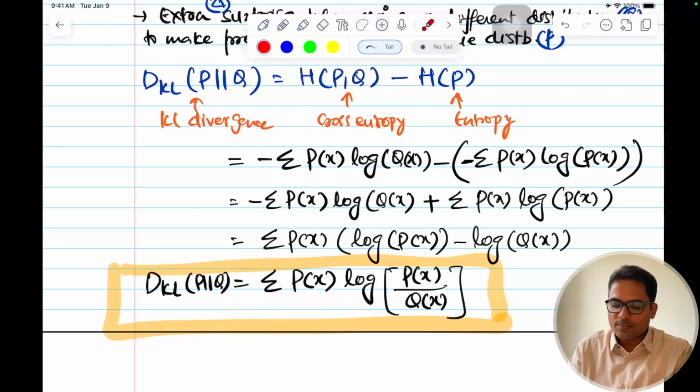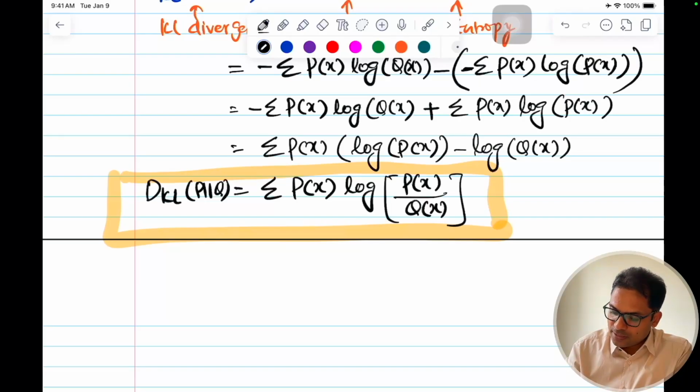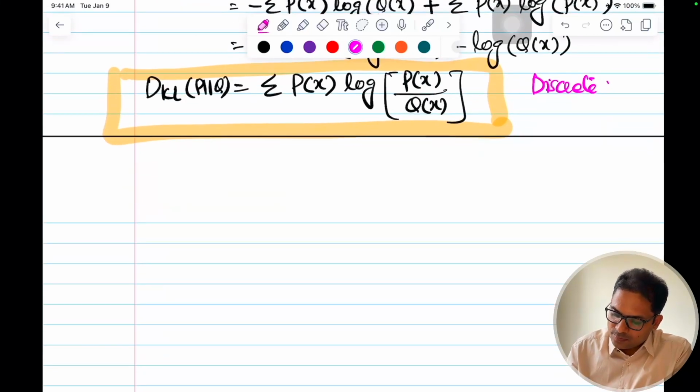This is the minimum surprise that the distribution inherently has. This is your KL divergence. This is for discrete distributions. A similar formula will hold for continuous. What will that be for continuous?